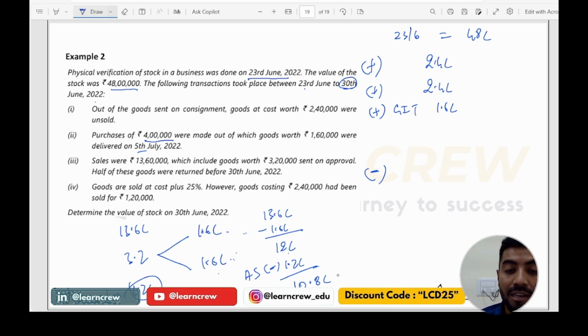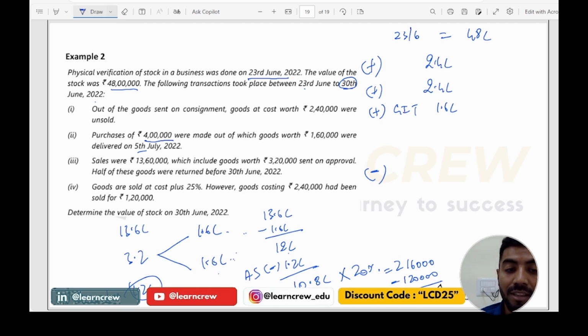So basically, what happens here? 10.8 lakh we have. In 10.8 lakh, we need to find the gross profit. That is 20%, which is nothing but 2,16,000. In that, minus the loss, minus 1,20,000, you'll be getting 96,000.